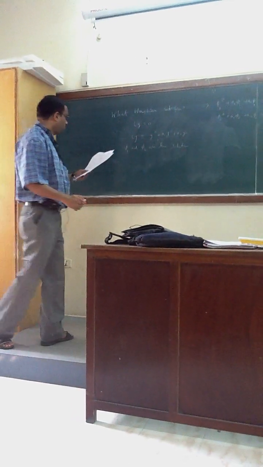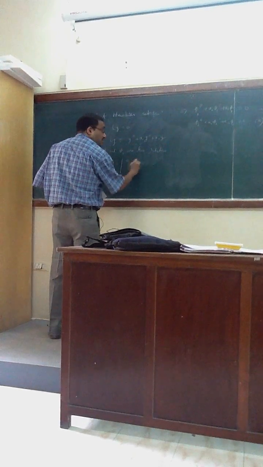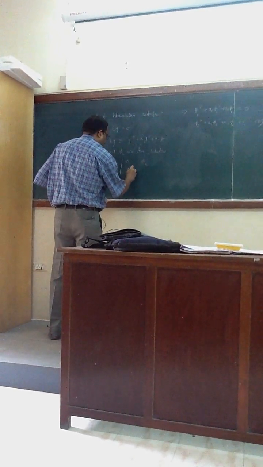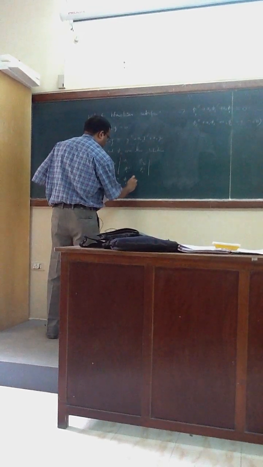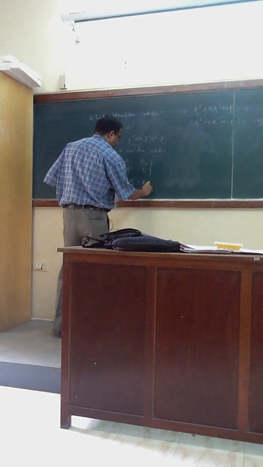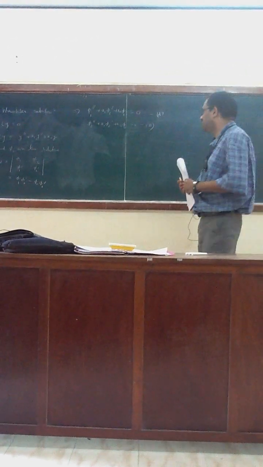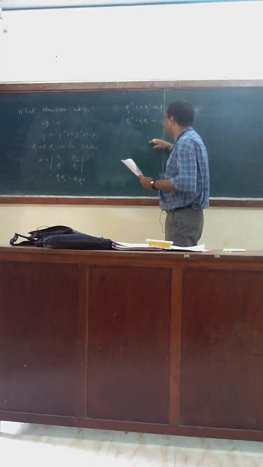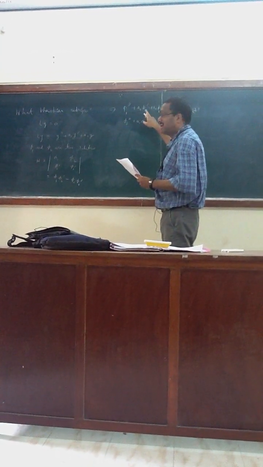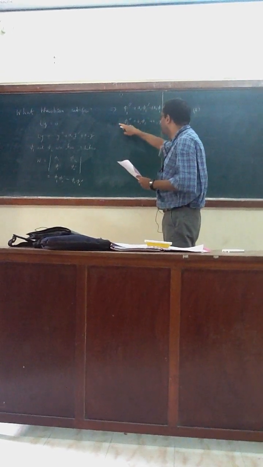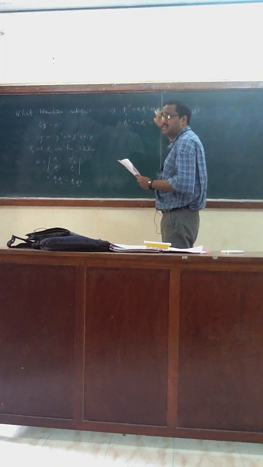Okay. What is my Wronskian? How did you define the Wronskian? So W is nothing but the determinant of phi 1, phi 2, phi 1 prime, phi 2 prime, which is nothing but phi 1 phi 2 prime minus phi 2 phi 1 prime. That's my Wronskian. That means to get the Wronskian, the first equation has to be multiplied by phi 2, so that I can get phi 2 phi 1 prime, and this has to be multiplied by phi 1, so that I can get phi 2 prime phi 1, and then subtract.